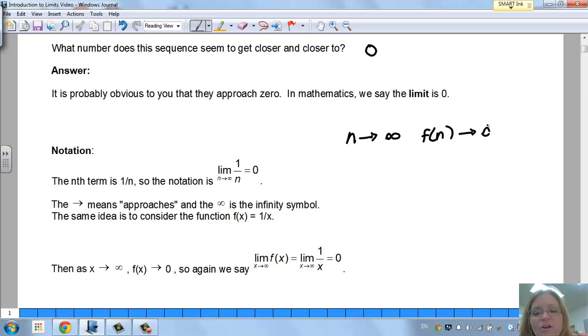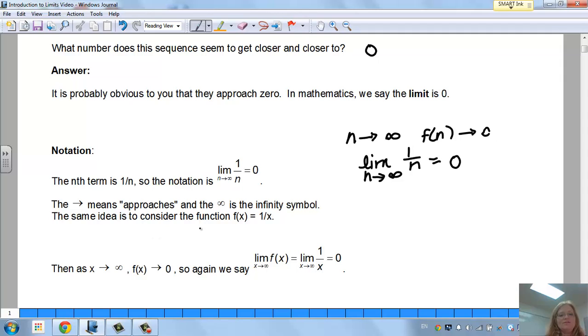That's how we talked about it earlier. All we're switching is we're using the word limit, so they call it lim. Underneath, you're saying as n is getting infinitely larger, of my function, which is 1 over n, it's approaching 0, so we say the limit equals 0. This arrow means approaches, and infinity is the infinity symbol.